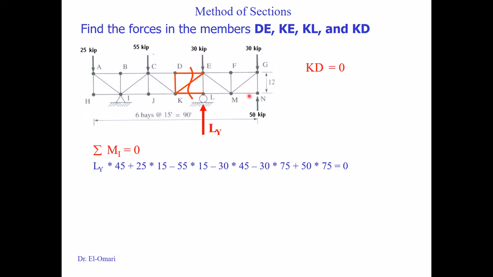And then finally this 50 multiplied by 5 bays times 15 is 75, rotating counterclockwise, which is positive.